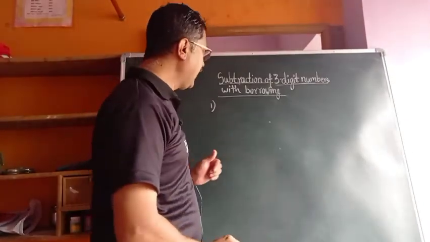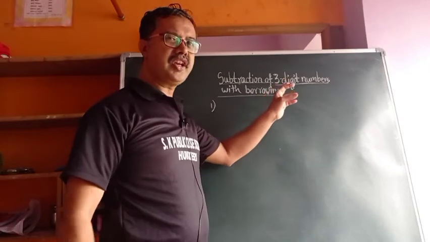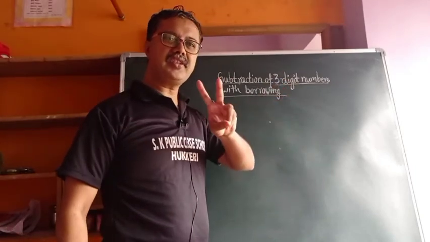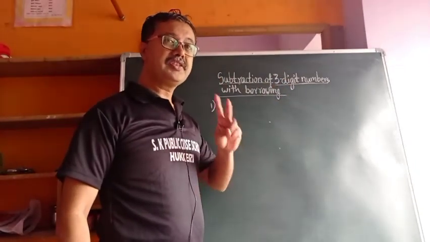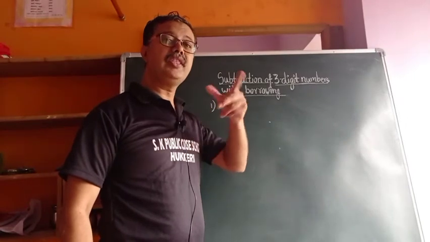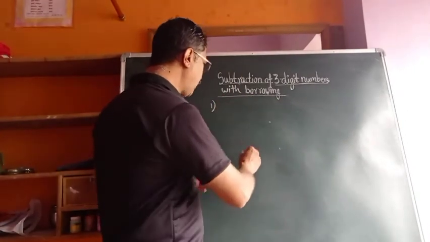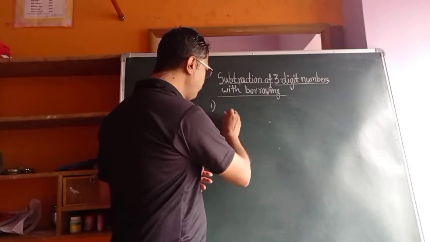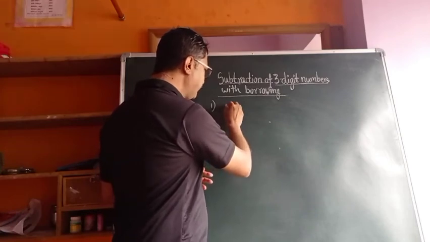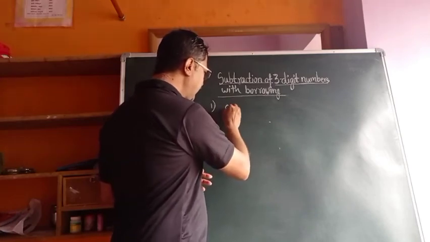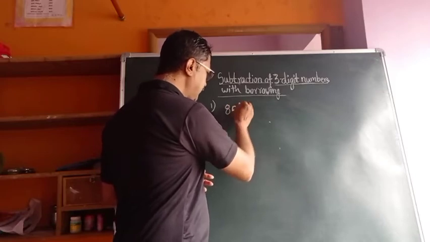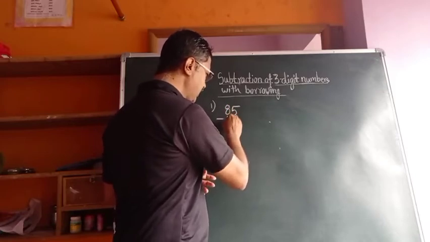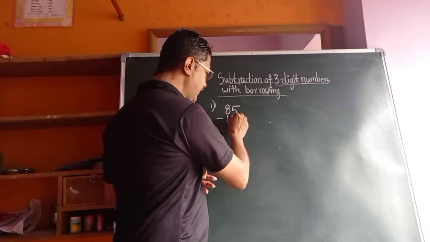Before starting three-digit, first I'll start with the two-digit number. Subtraction of a two-digit number with borrowing. How? 85 minus 70.